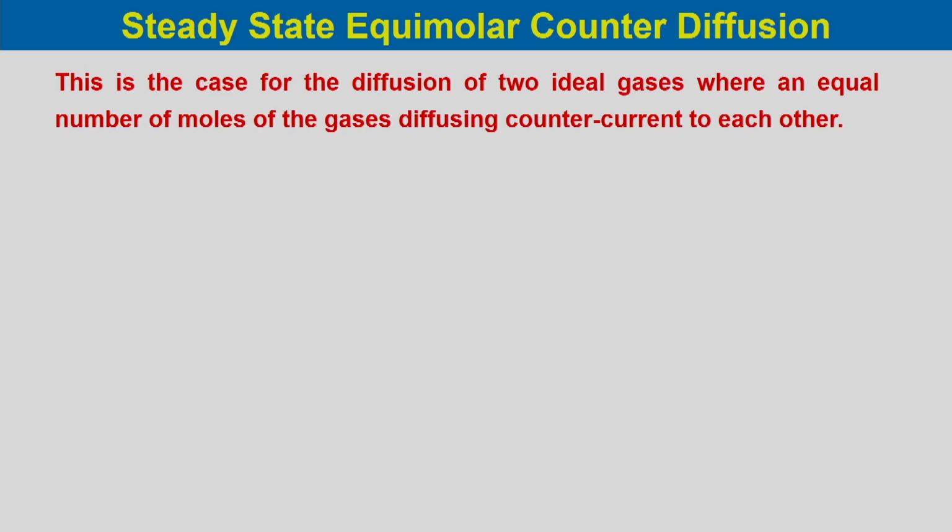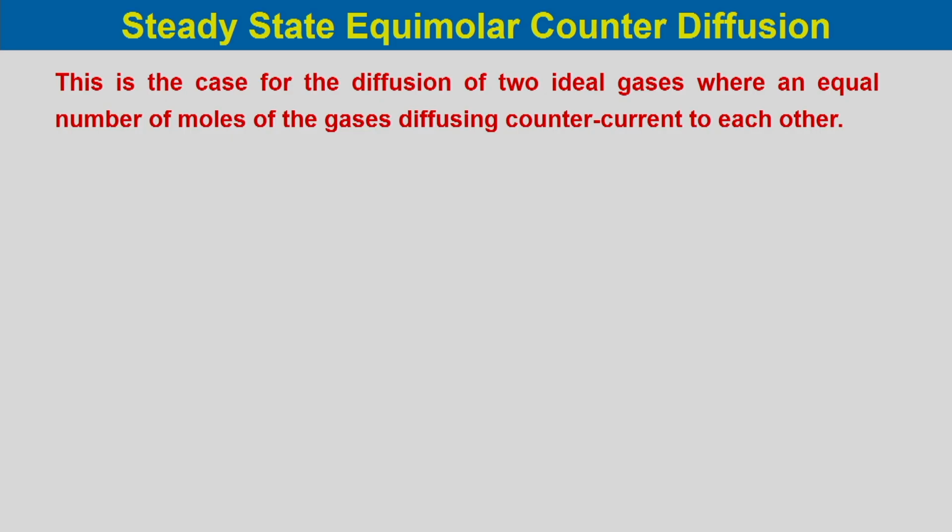Now, steady state equimolar counter diffusion. This is the case for the diffusion of two ideal gases where an equal number of moles of the gases are diffusing counter currently to each other. In this case, NB would be equal to minus NA, which is equal to constant, and so from this we can write NA plus NB is equal to 0.